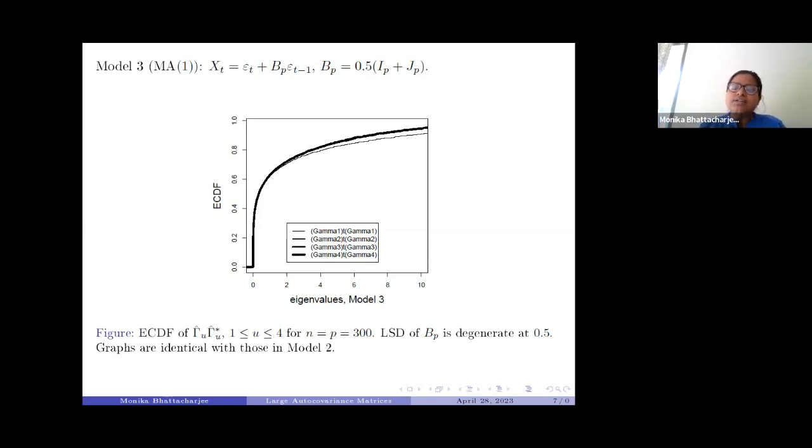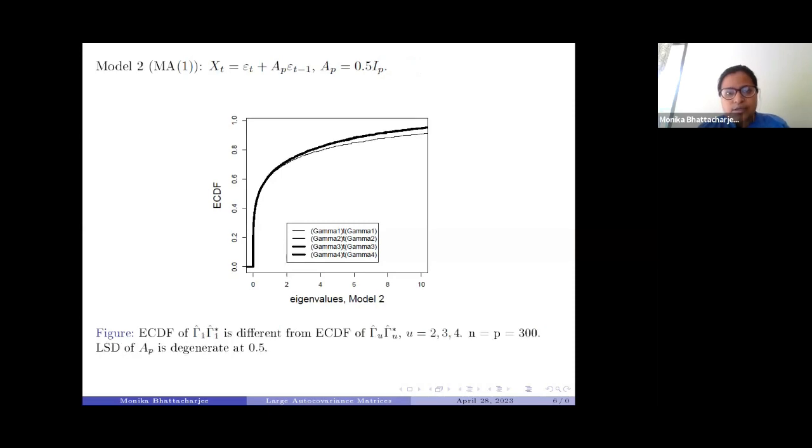Therefore its ESD will have mass 1 minus 1 over P at the point 0.5, and the other eigenvalue, which is of order P, will have mass 1 over P. This ESD will converge weakly to the limiting spectral distribution, which is degenerate at 0.5.